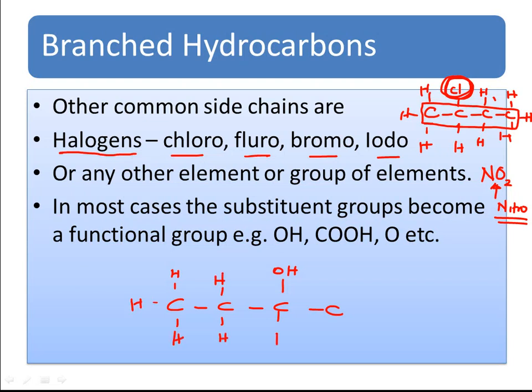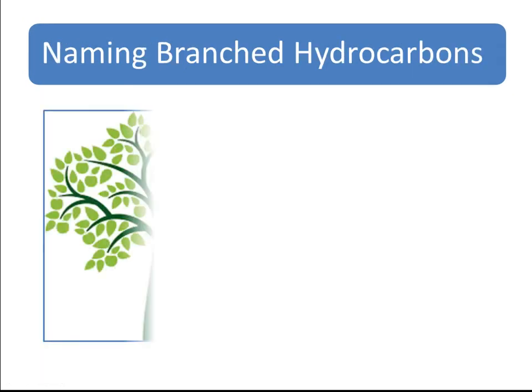This one here is not considered a branch or a side chain. Why? Because it's a functional group. So there's a limit as to what we can consider side chains, but you will learn more about this when you get to year 12. At this stage, the side chains you're going to come across are these ones here, your alkyl groups and the nitro. Those are the only ones we're going to come across.